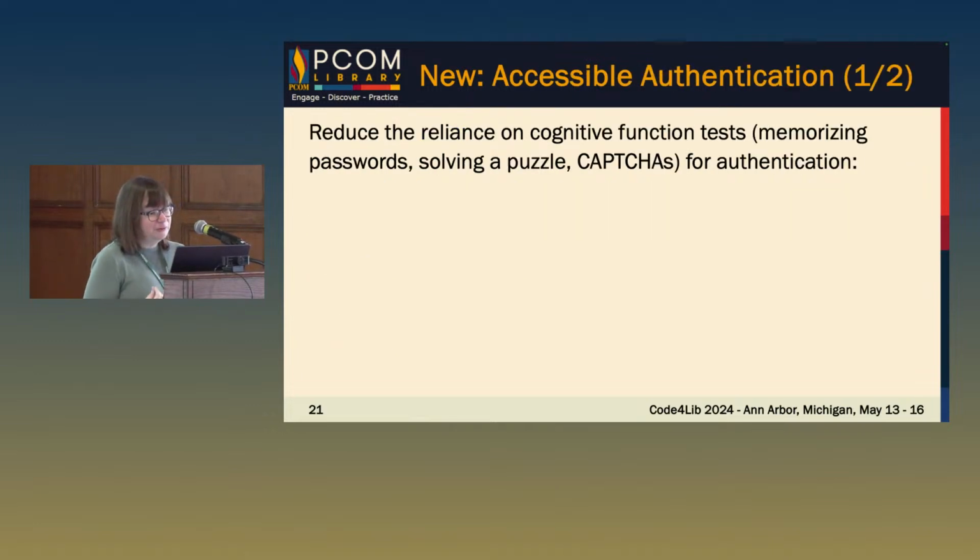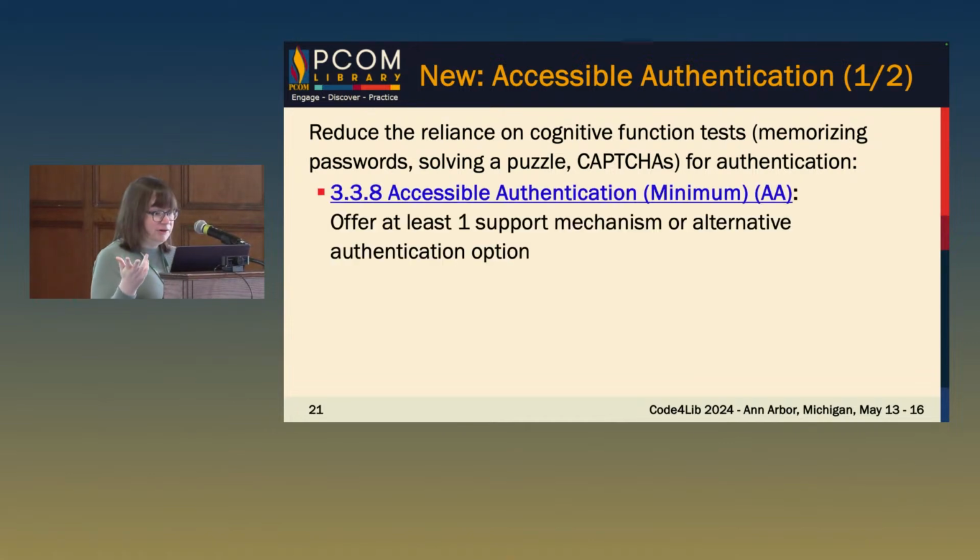And this is the final one. There's a lot of new conversations about accessible authentication. Basically, any cognitive function test, which is memorizing passwords, solving a puzzle, or CAPTCHAs for authentication. There are two criteria. 3.3.8 is the minimum. It's AA. Oh, I'm running longer than I want.